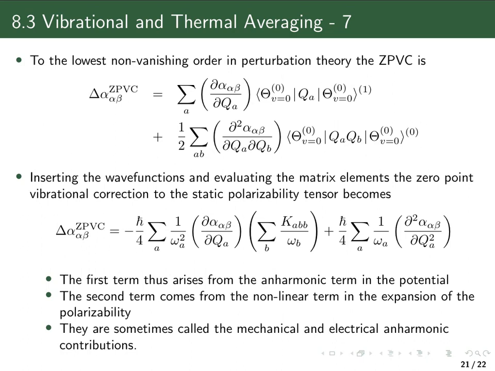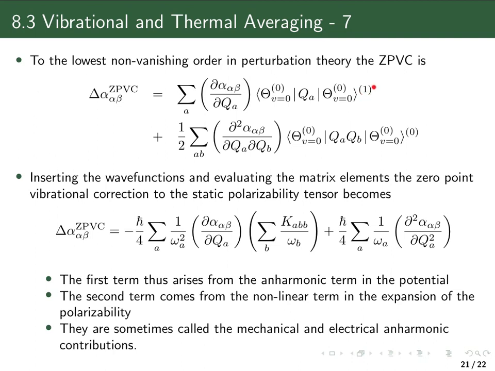Now it implies that if we just take the ground state harmonic oscillator wave function, which is the product of all the harmonic oscillator wave functions for each mode, this integral is going to be zero.